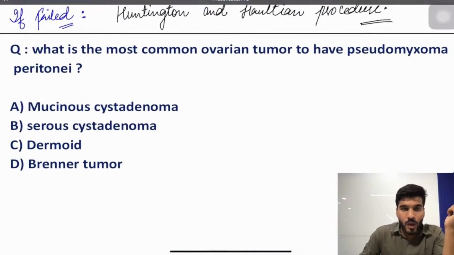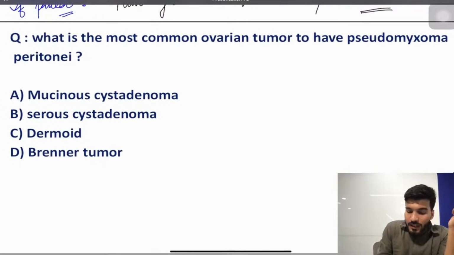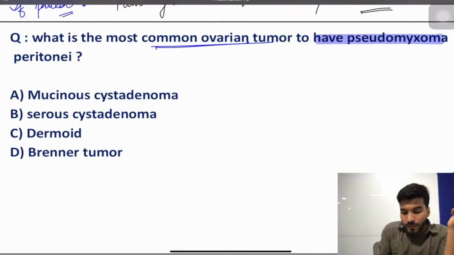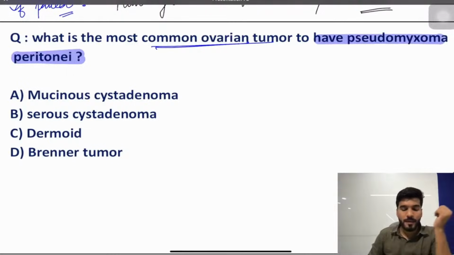Okay, next one, what is the most common ovarian tumor to have pseudomyxoma peritonei? Yes, bache, answer this. Excess mucin. We have discussed the epithelial tumors, the sex cord tumors and the germ cell tumors.